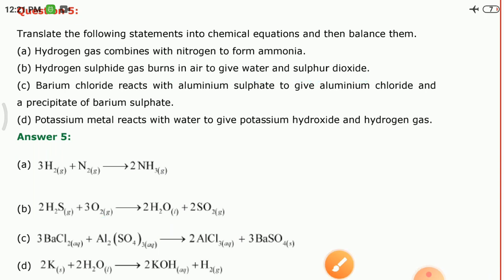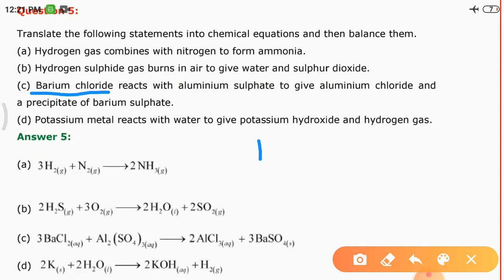Now C is: barium chloride reacts with aluminium sulfate to give aluminium chloride and a precipitate of barium sulfate. So we will write barium chloride. The formula of barium chloride: barium is Ba2 positive and chloride is Cl negative, as we have studied in class 9th.